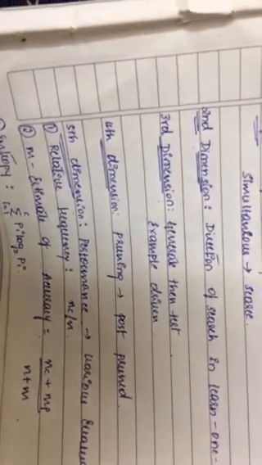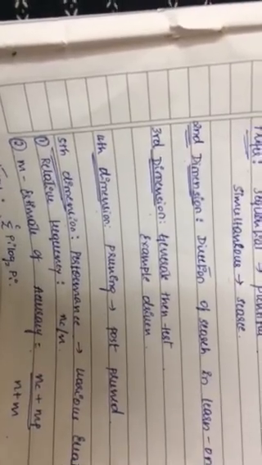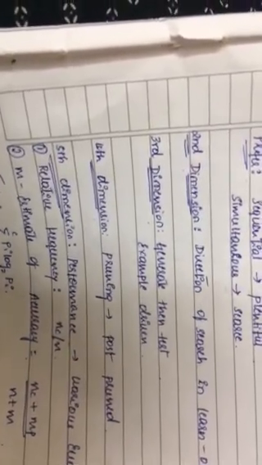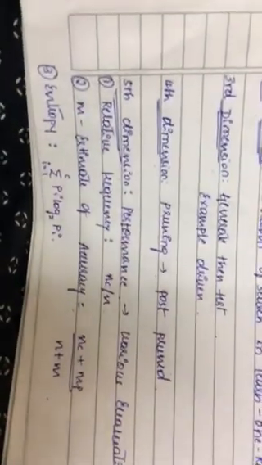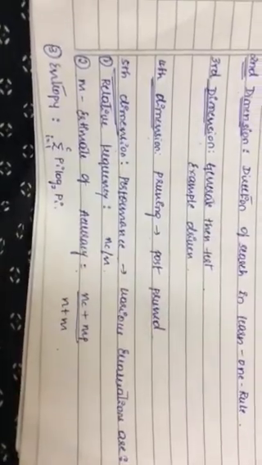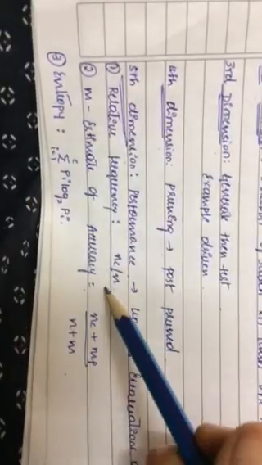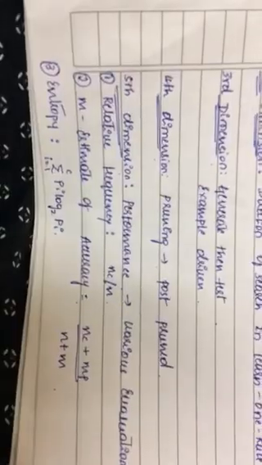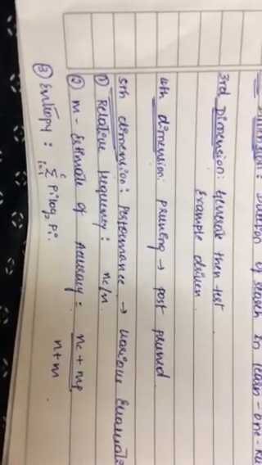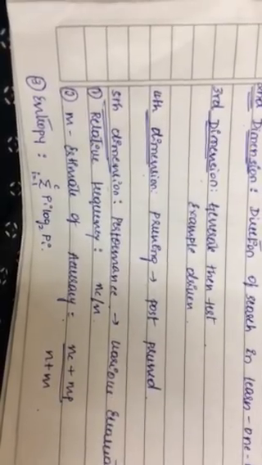Here we have three evaluation functions. The first evaluation function is relative frequency. Relative frequency is given by nc by n. Here nc is the number of examples classified correctly, whereas n denotes the number of examples the rule matches.